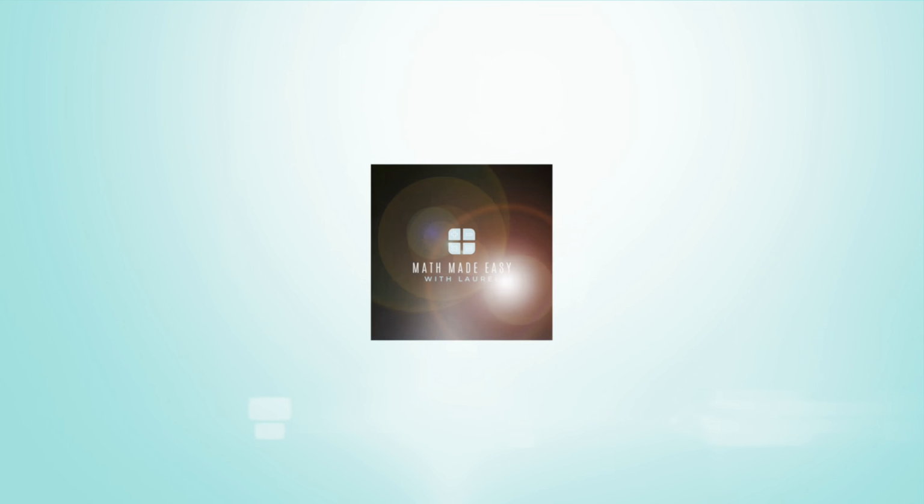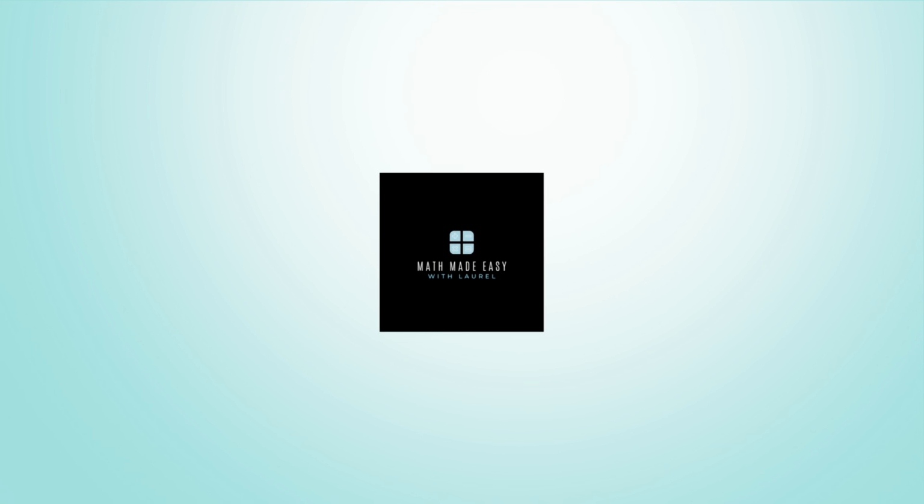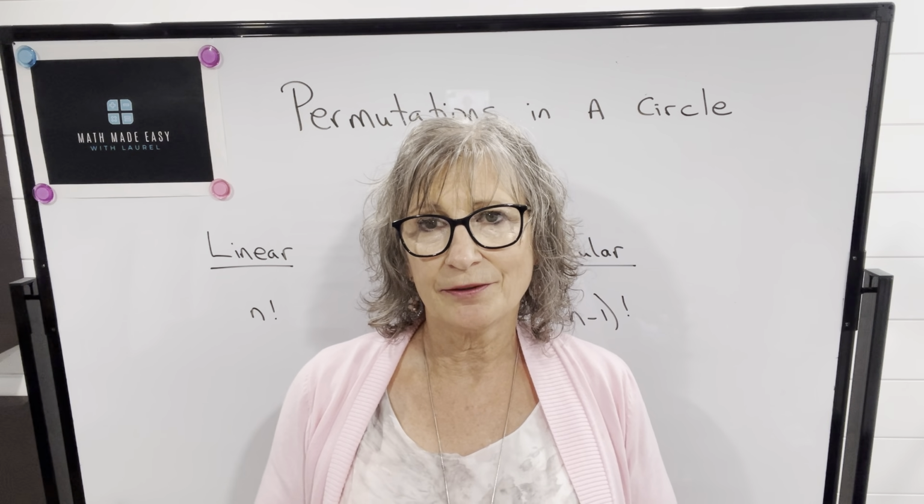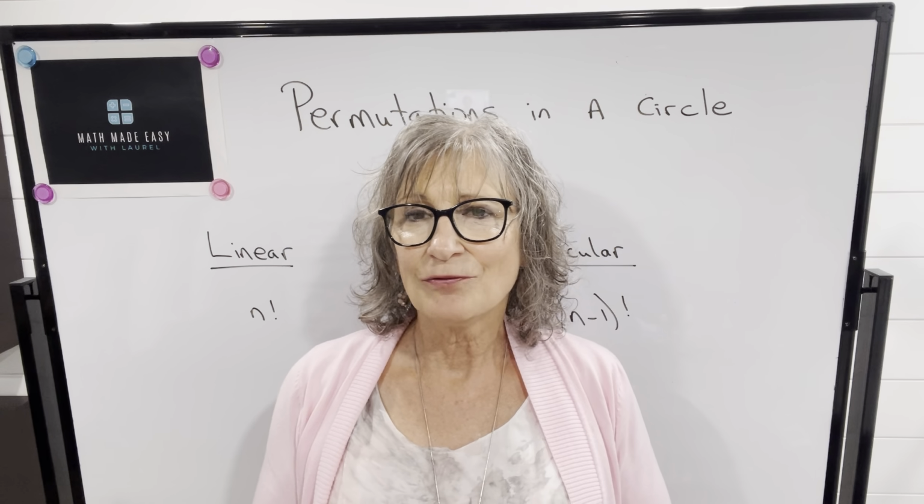In previous videos I've talked about how you find the number of permutations if those objects are arranged in a line. And if you're not sure about that concept, just go back and take a look at those videos.